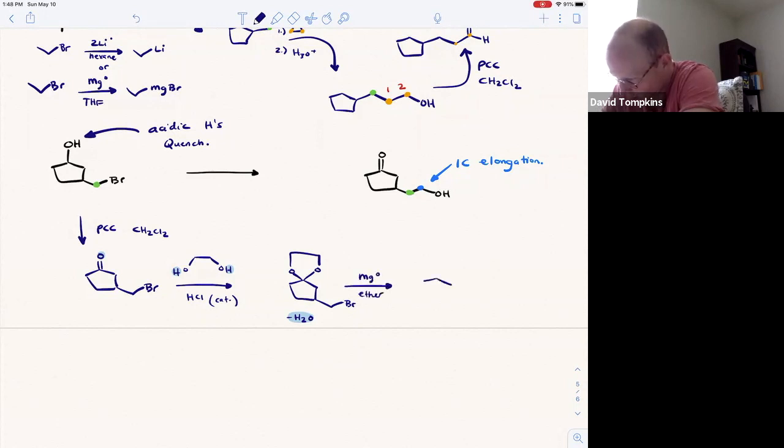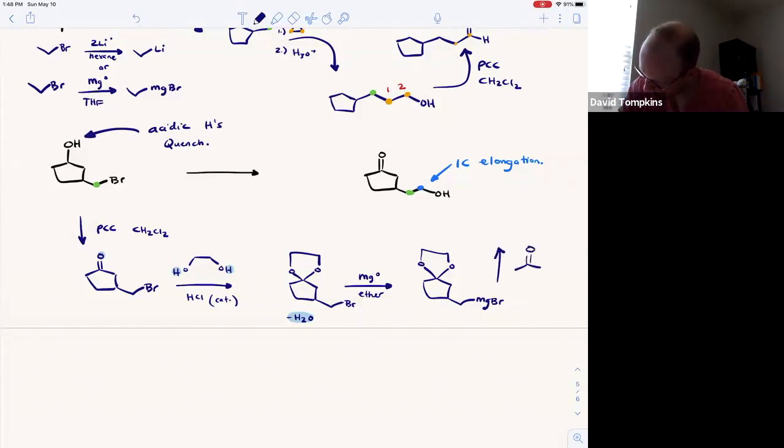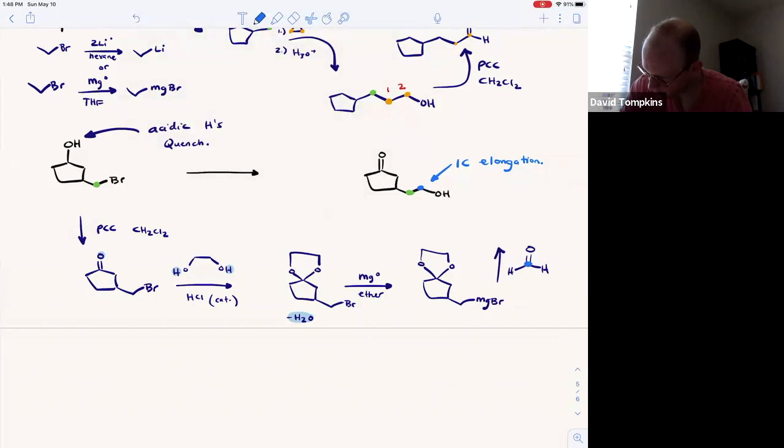So I'm going to now make a Grignard, which can be treated with the appropriate electrophile. In this case, I just need one carbon. And the one carbon electrophile that can undergo addition from a Grignard is a one carbon aldehyde, formaldehyde.